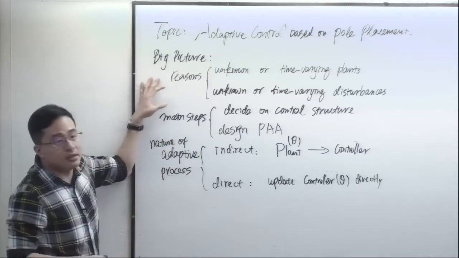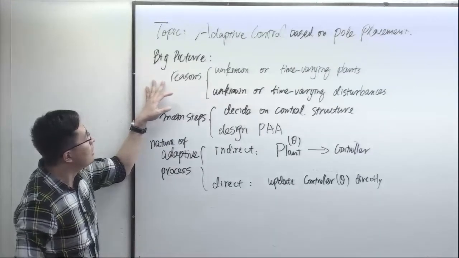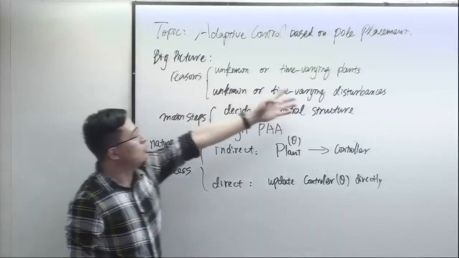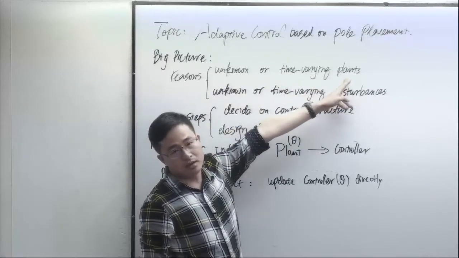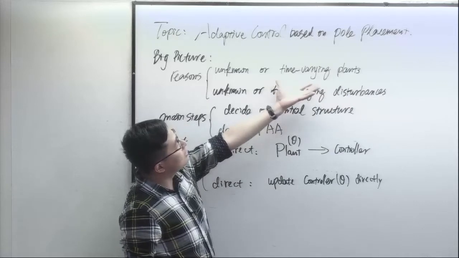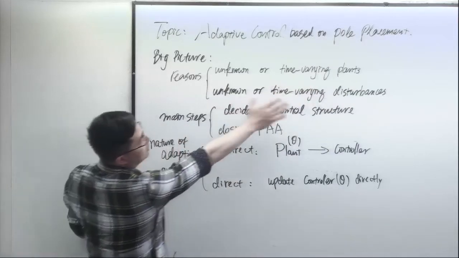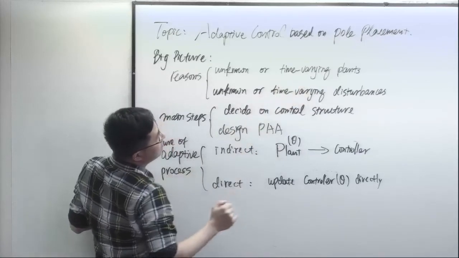A few reasons to do this that are easy to understand now are there will be cases where you don't know the plant that you are controlling, or the plant that you're controlling simply is changing and you need to update your control to accommodate these changes.